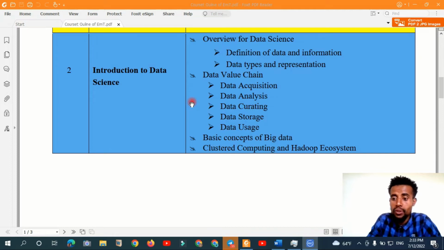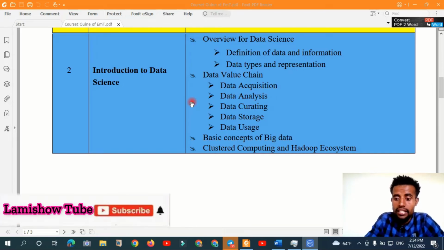Then we'll see the definition of data and information, and the difference between data and information. We'll see also data types and representations. A data type can be classified into different categories based on computer perspective and based on data analytics. Based on data analytics, data types can be classified into structured data, semi-structured data, and unstructured data.